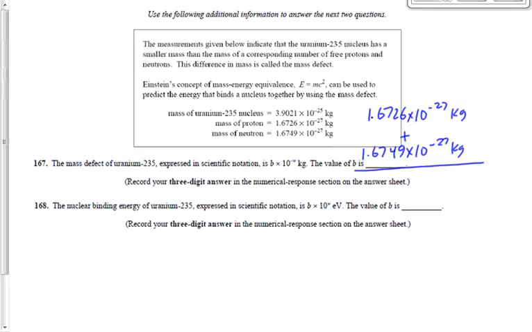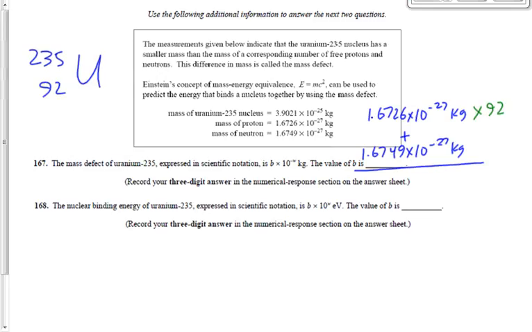Yeah, we don't have a single proton and a single neutron in a uranium-235 nucleus, right? How many protons do we have in uranium-235? 92. If we have 92 protons, then we have to multiply this number by 92.